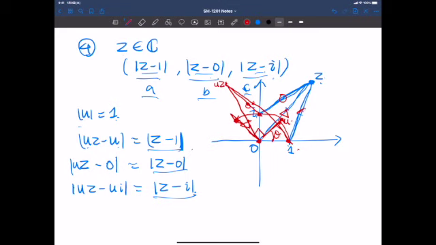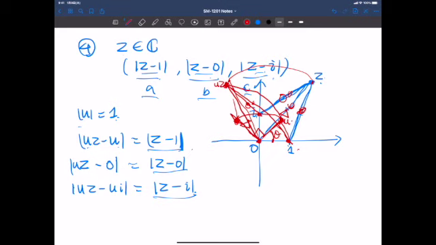If you rotate this z by theta, you will have some point that still has the same distances from U, and from this point, U rotated by the right angle, and the same distance from the origin. So that must be this point.